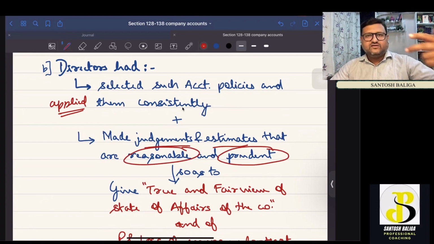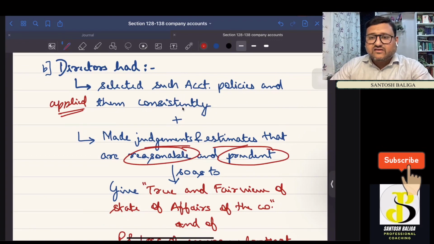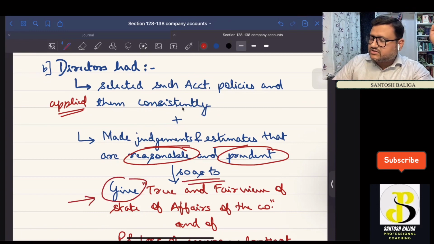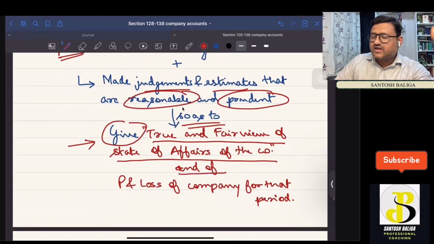So these two points: first point is accounting policies being selected and applied consistently, and the second point is making judgments or estimates which are reasonable and prudent. Why? To give the shareholders a true and fair view of the state of affairs of the company and of the profit and loss of the company for that period.